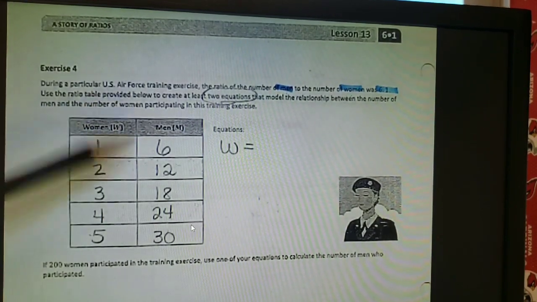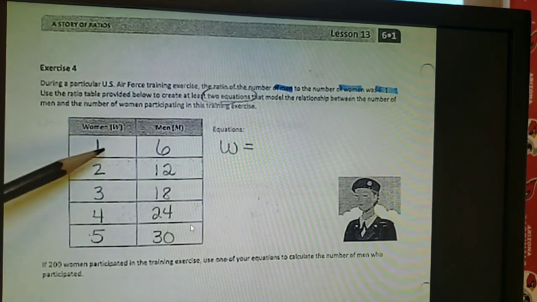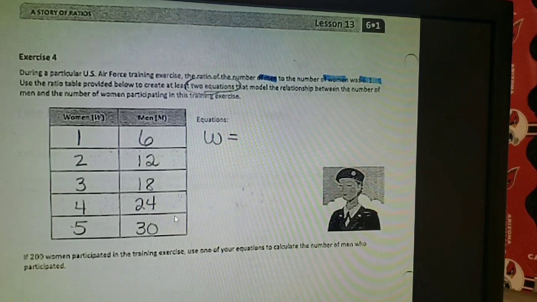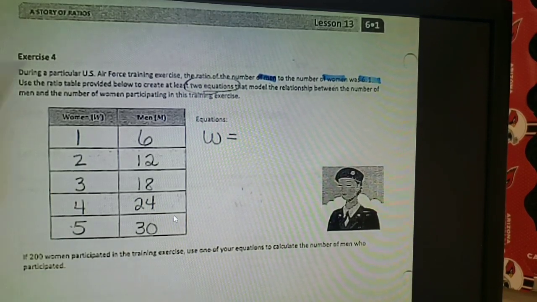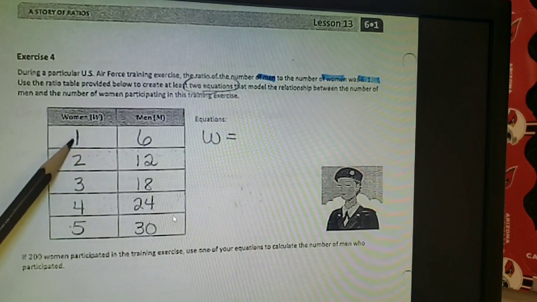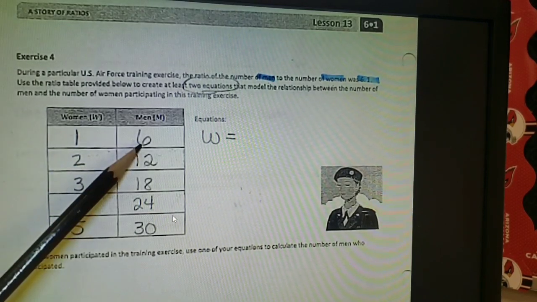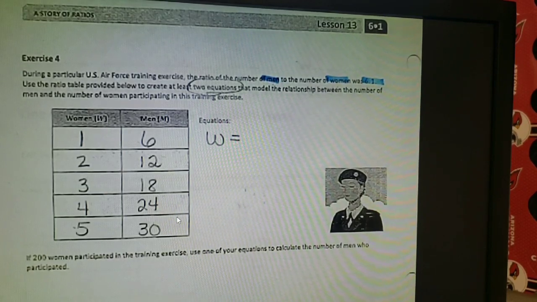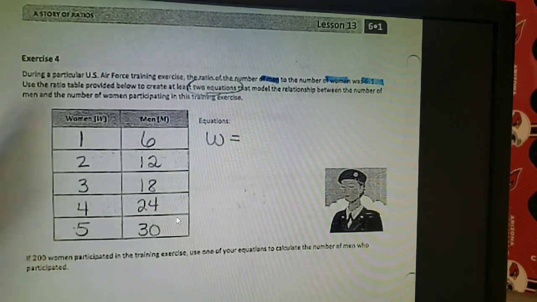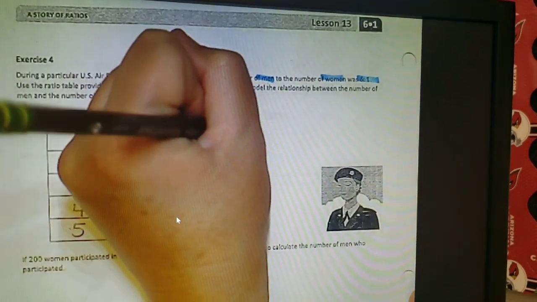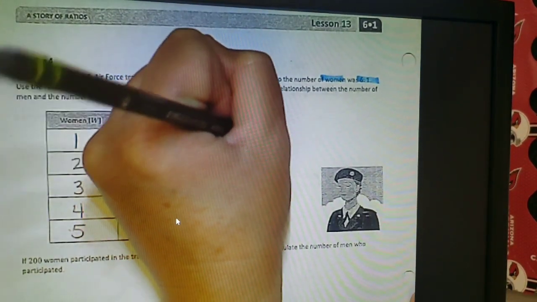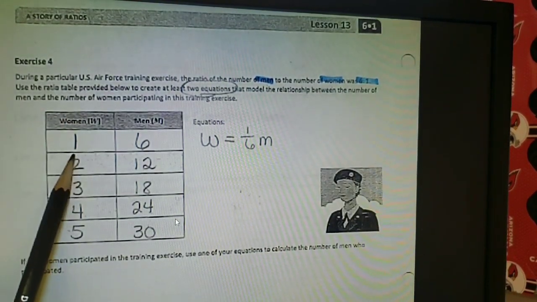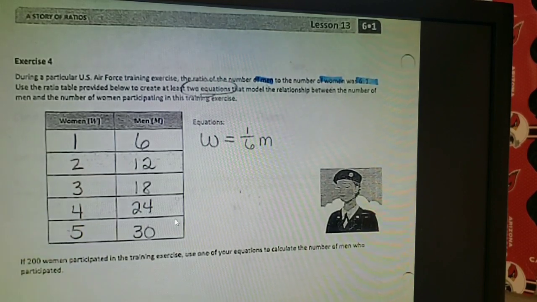Actually, I'm going to rephrase what I started to say, because we're doing what the women equal. The women is less than the men, which means if we want a number less, we're going to have to multiply by a fraction. So our women is 1/6 the amount of men that we have. It's smaller, so it's going to be 1/6 the amount of men.